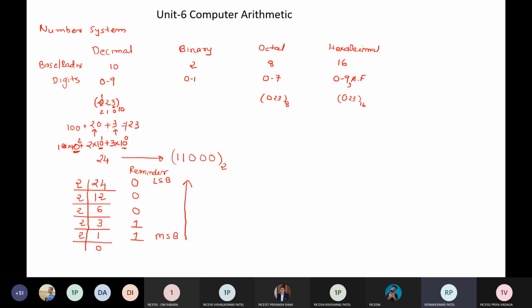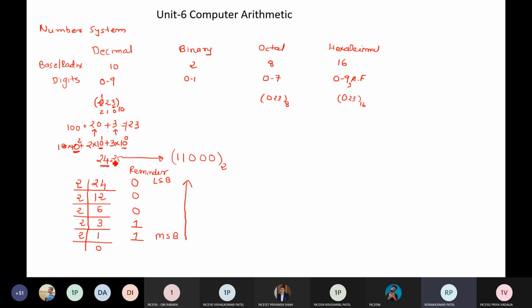And we represent it in binary, right? Okay, now this is a whole number, 24. Suppose 24.25. Oh, 24.25. So how will it be represented, right?